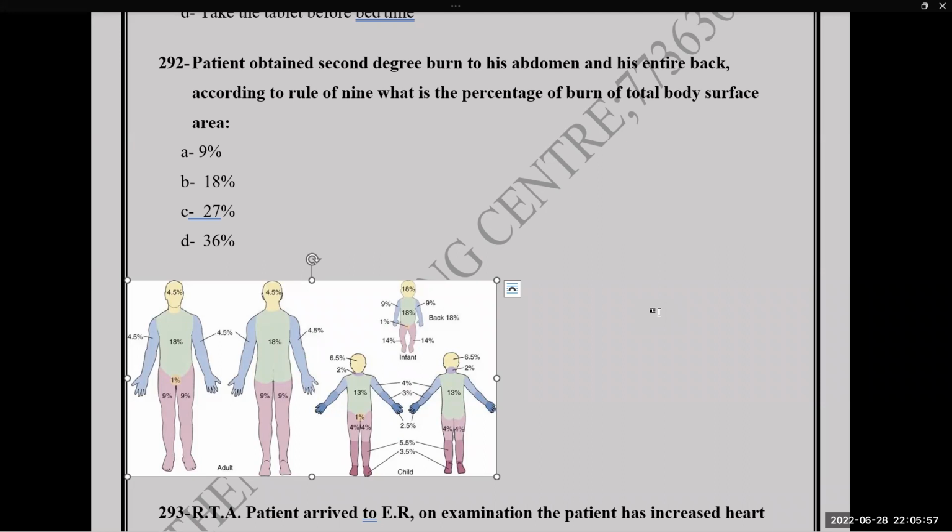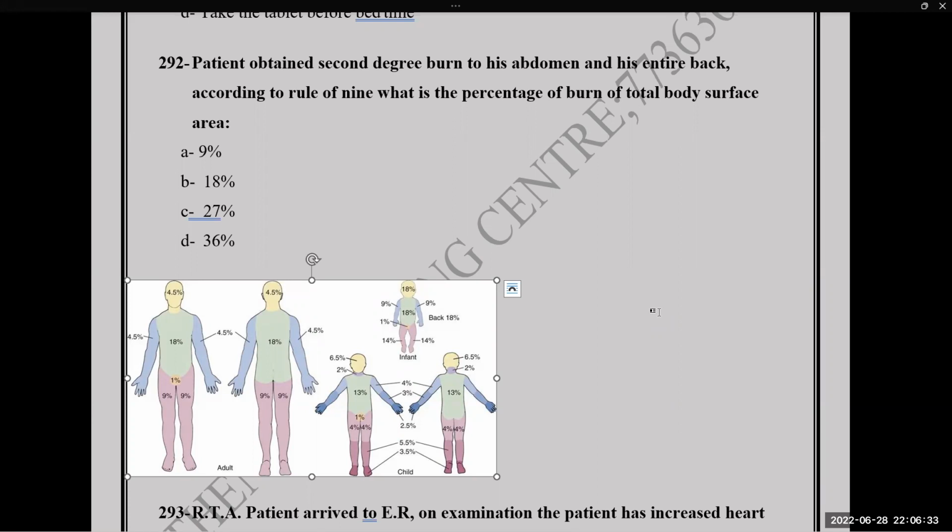Can I give you one more example? You have to tell me the answer. A client who is admitted with a burn: right hand, right leg, and upper chest.